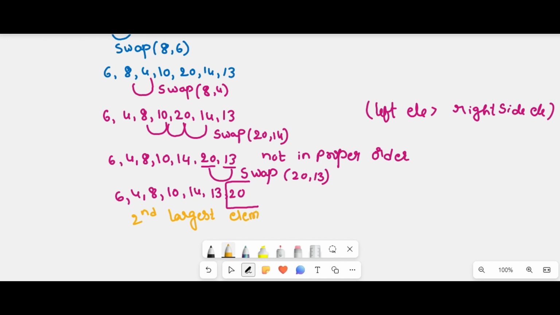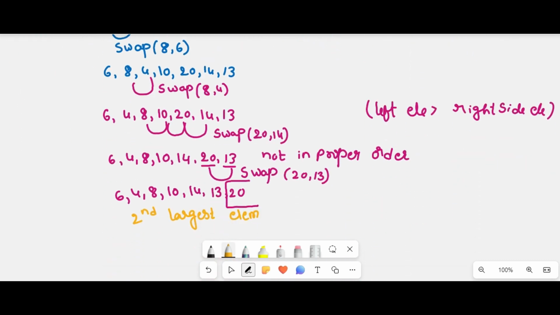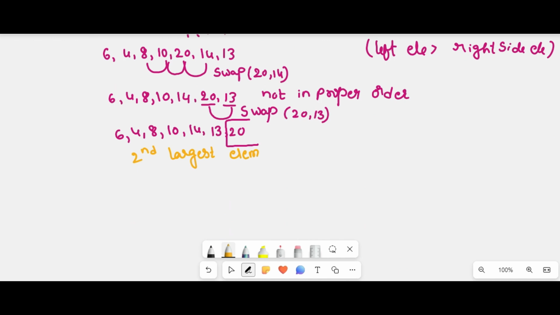See, here we already placed 29. 29 is already in the correct position, and from the remaining list of elements, now 20 is placed in the correct position, in the last but one position. So 20, 29 is there. In the next pass, we won't consider these two elements.